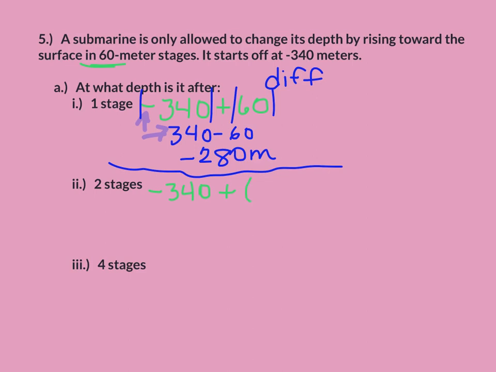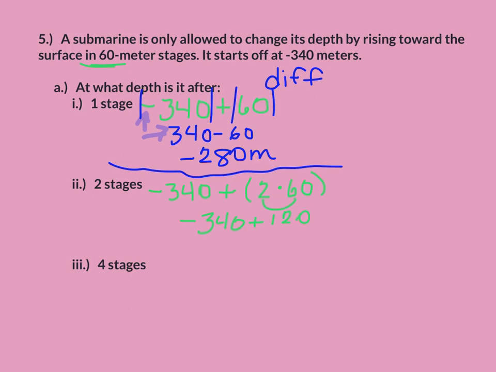So I'm going to put that in the parentheses because that would be something I'd have to do first. And that remains positive because it's going up. So that means I've got negative 340. Order of operations tells me to do the things that are in parentheses first. So that means I do 2 times 60, which I know is 120.